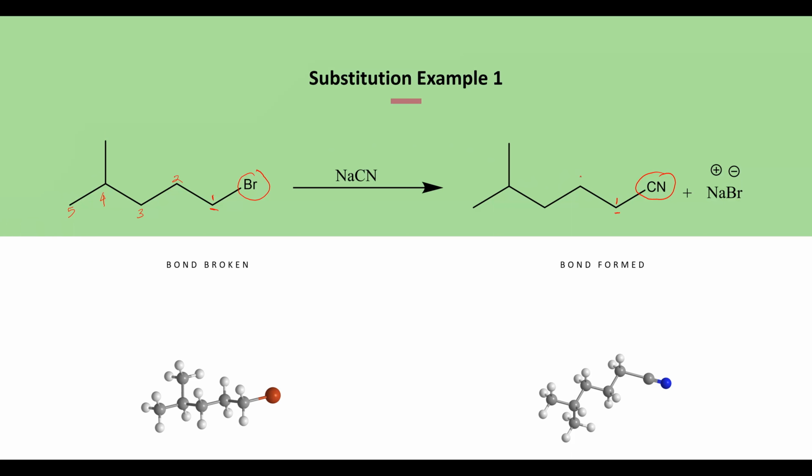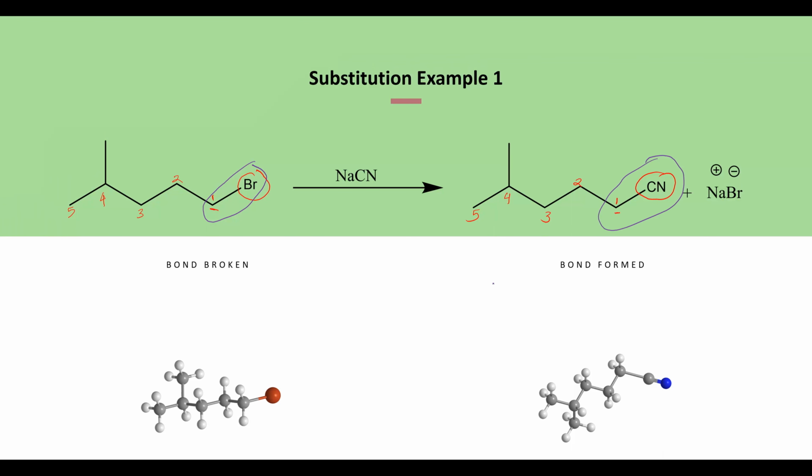Carbon 1 is going to be the carbon that is bonded to the cyano group. And then we're going to go back and circle our polar bond. So in our haloalkane, the polar bond is between the carbon and the bromine. And in our product, the polar bond is between the carbon and the cyano group.